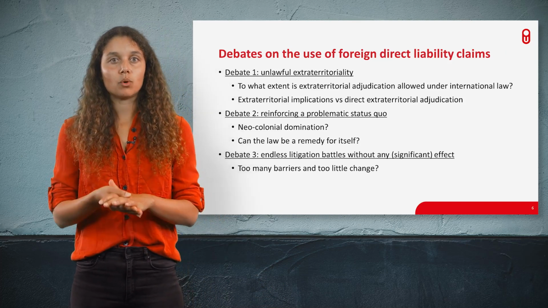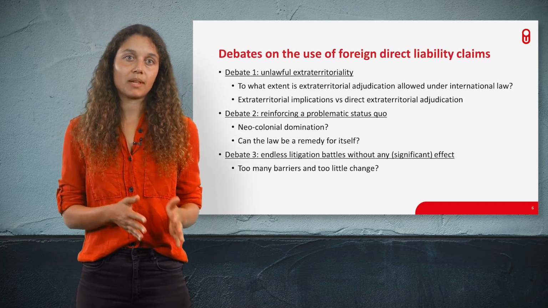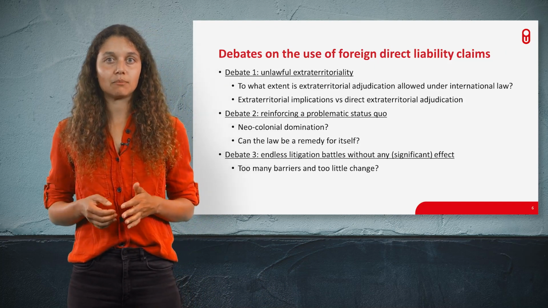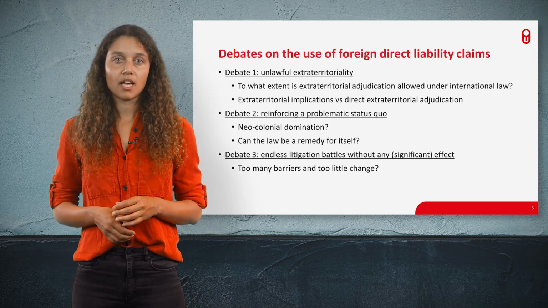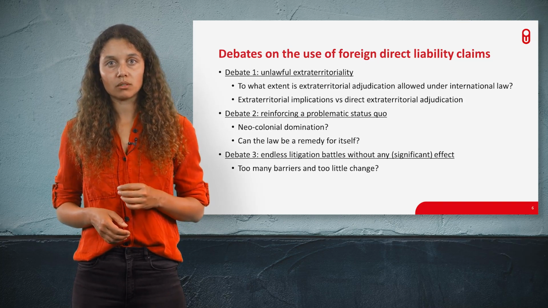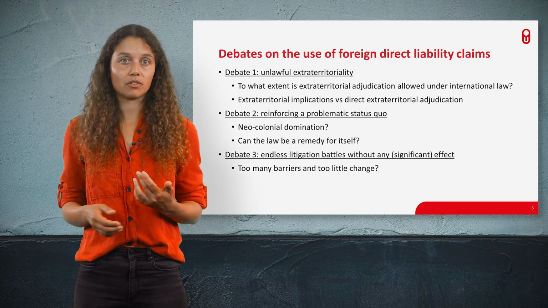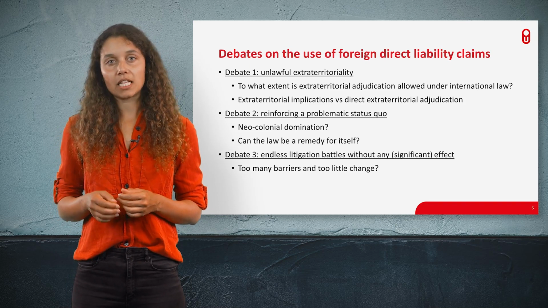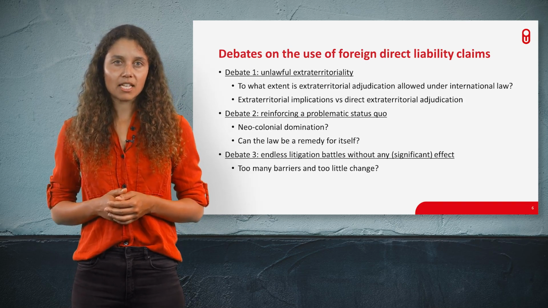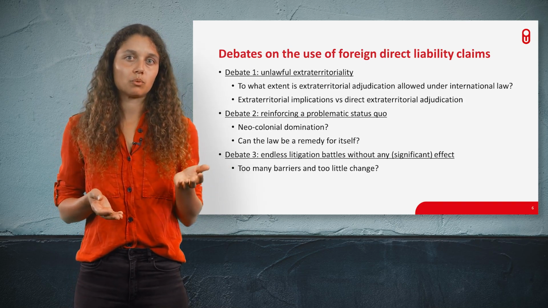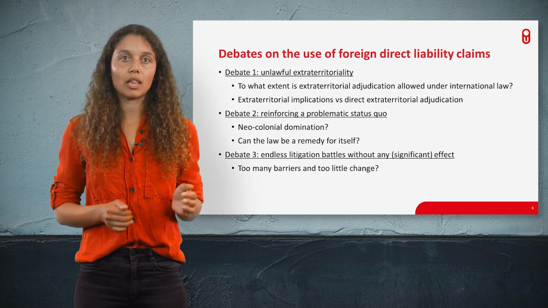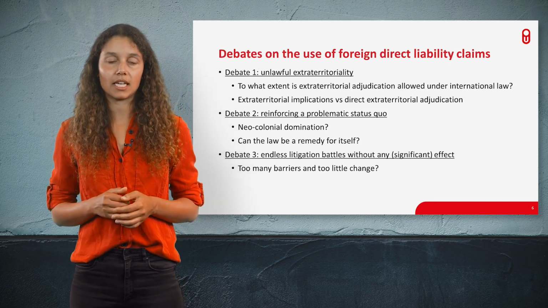And this debate revolves around all the different barriers that plaintiffs in foreign direct liability claims face when filing them. The barriers that plaintiffs encounter range from, amongst others, a lack of clarity of legal standards, especially for parent liability, as well as more practical problems with the gathering of evidence and a general lack of resources to litigate the case.